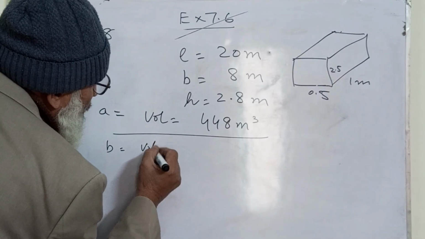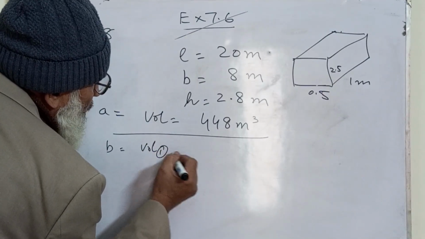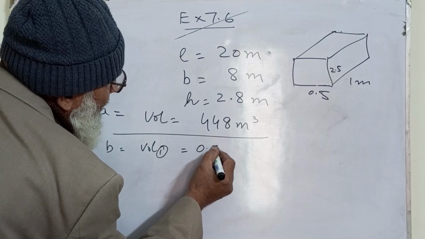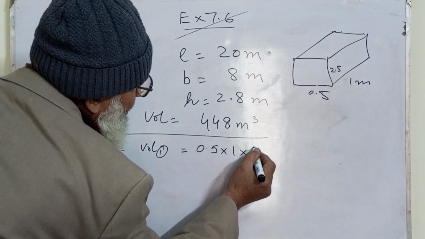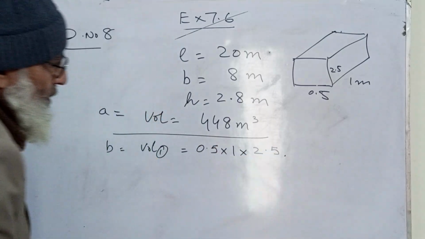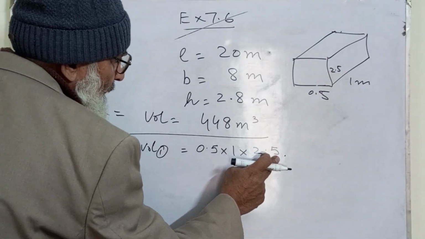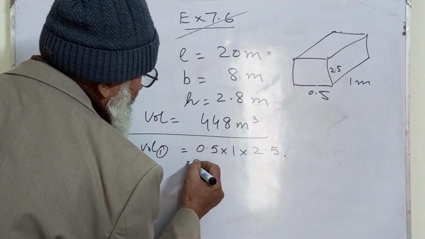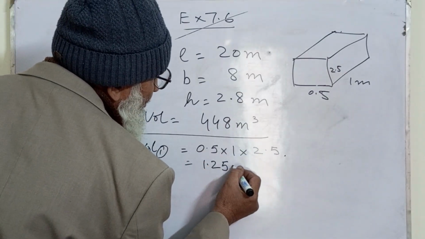The volume of one box is equal to 0.5 multiplied by 1 multiplied by 2.5. Half of 2.5 will become 1.25 meters cube.